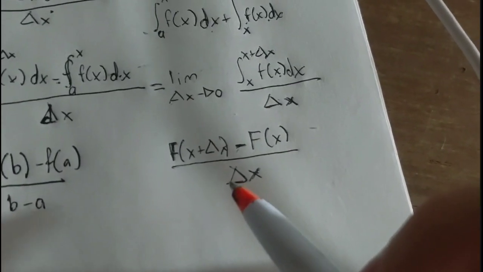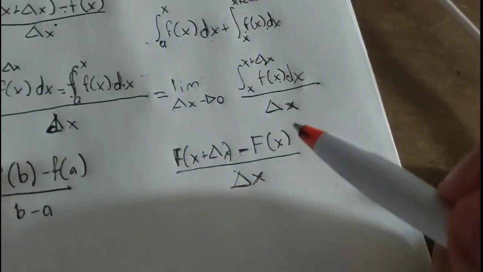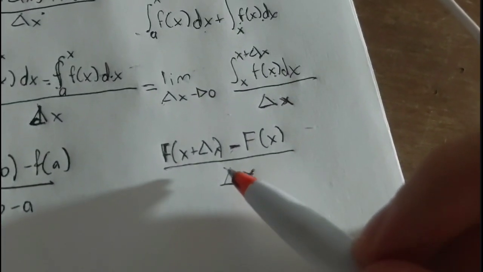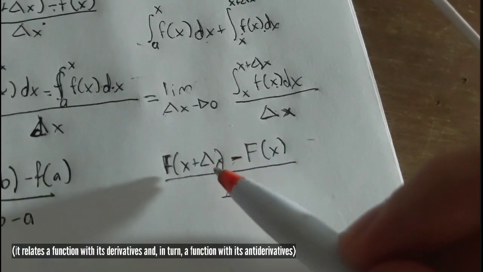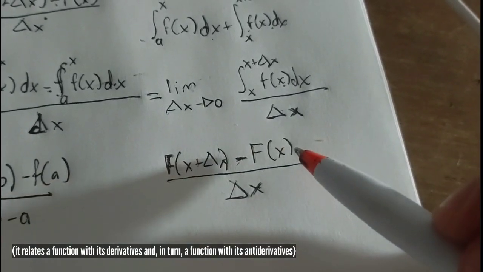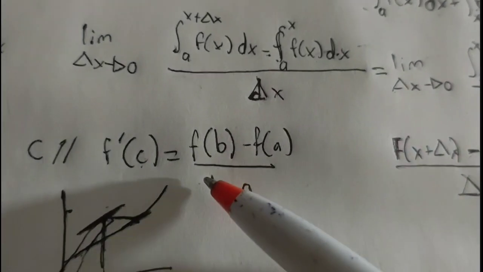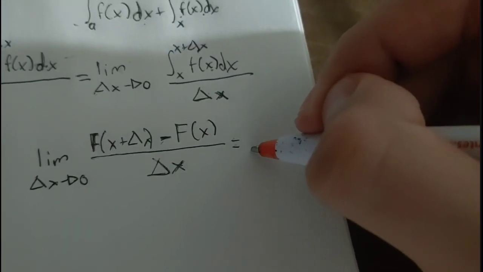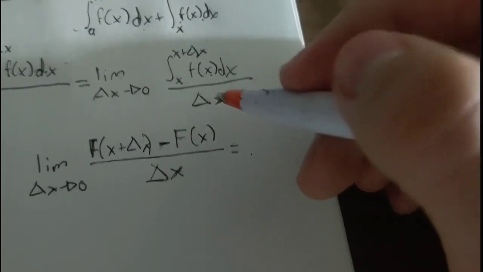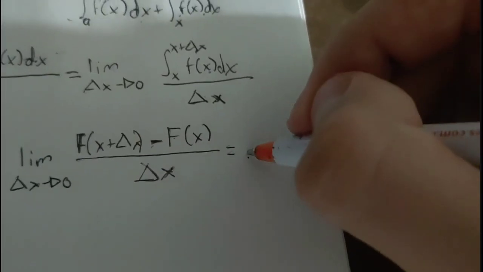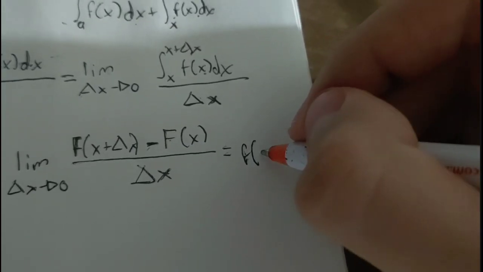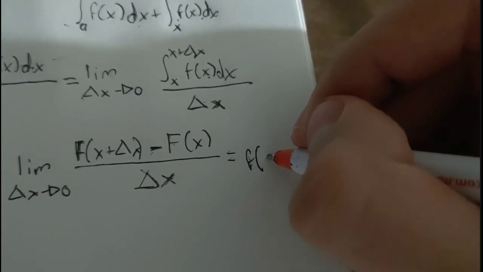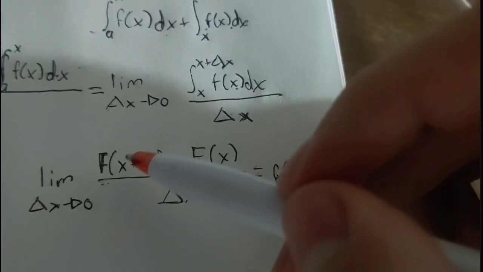Now remember that the mean value theorem relates the antiderivative with its derivative, like in this example. And also remember that this is a limit as delta x approaches 0. So therefore this will be equal to the derivative of this, and the derivative of this was f of x, but evaluated at a middle point between x and x plus delta x.